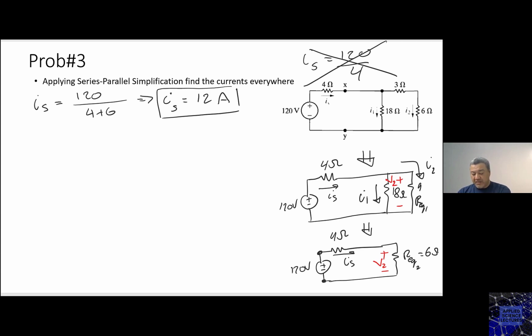V2 across the 6 is across the 9 and 18 that are in parallel. But I'm taking advantage of finding IS because now I can say that V2 is IS times R equivalent 2, and V2 is 12 times 6, right? V2 is 72 volts.